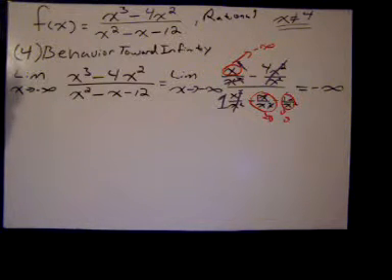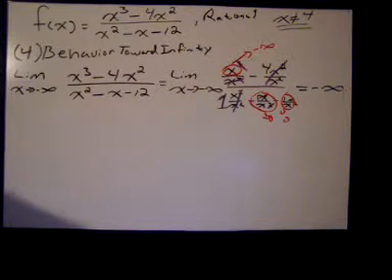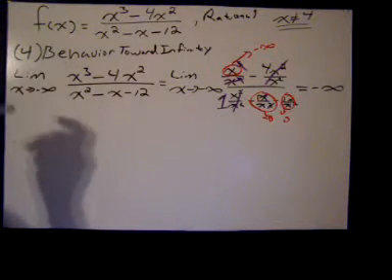So we don't have a horizontal asymptote in the direction of negative infinity. So we're definitely going to need to investigate if we have a different kind of functional asymptote, called a slant asymptote, but also an oblique asymptote.